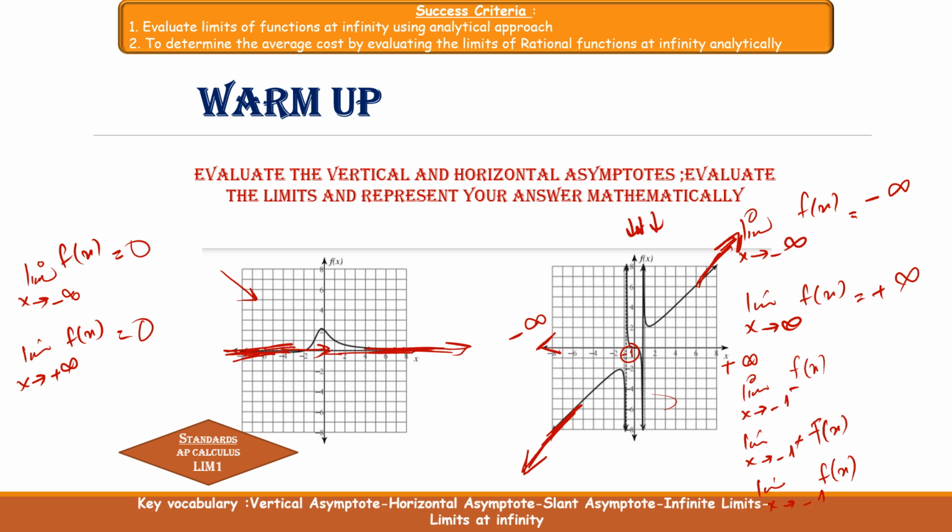This is the left side and this is the right side, and this dotted line is in between. On the left side the graph is going down, so it is negative infinity. On the right side, if you see closely, the graph is going up, which means positive infinity. So from both sides, the limit does not exist.